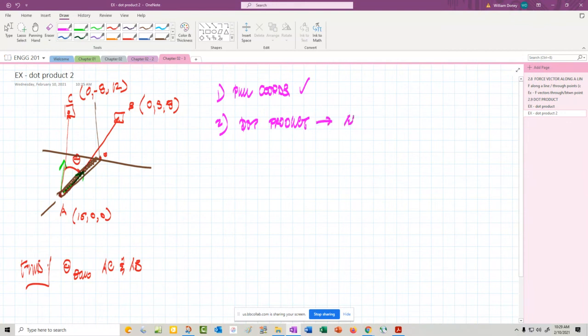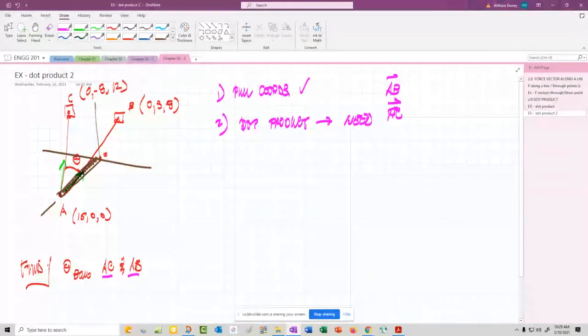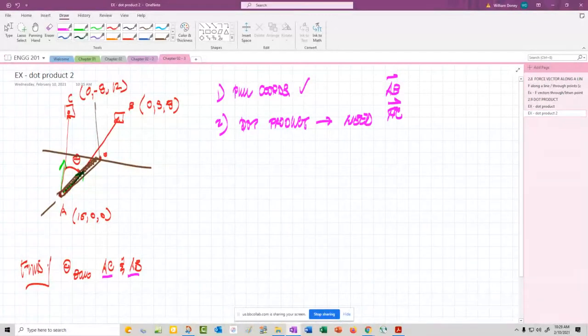And with the dot product, what we're going to need is force vector, I'll call it AC, and AB, right? I can put the F right there, but just to save some letters and keep it cleaner, we need AB and AC in Cartesian vector form.